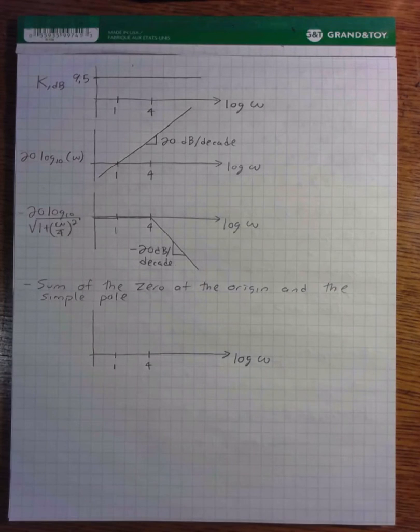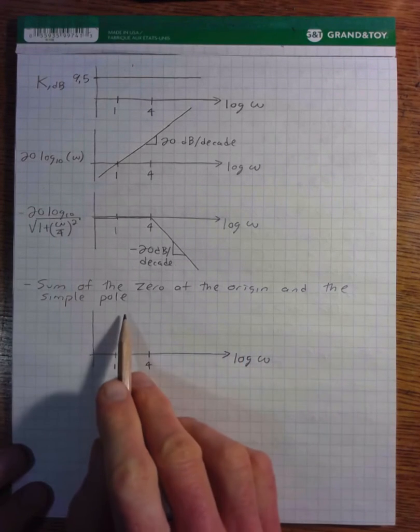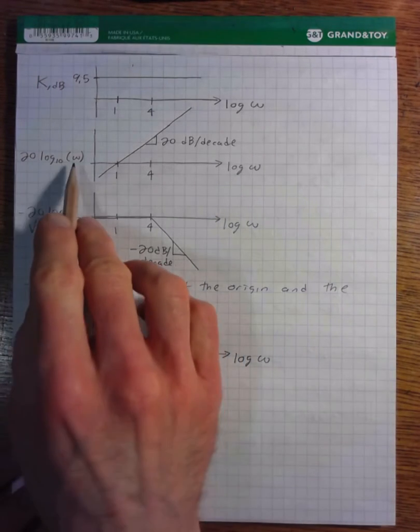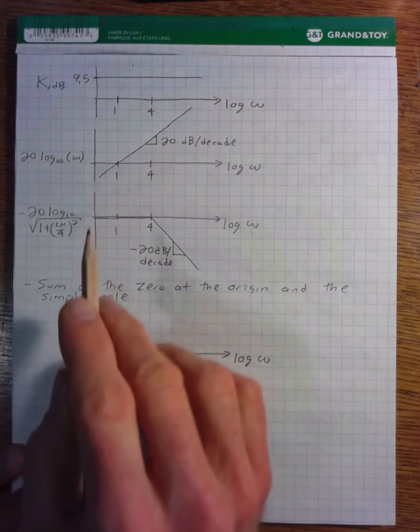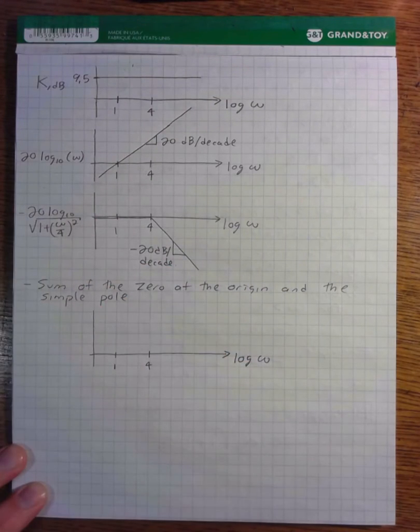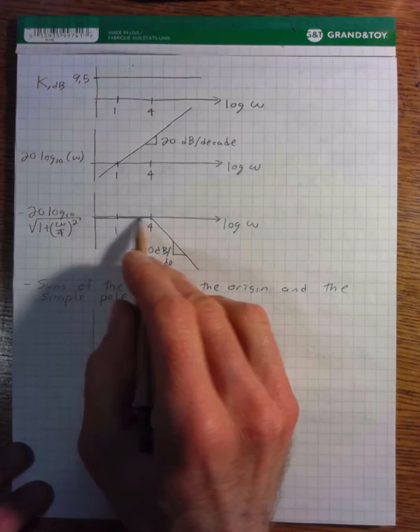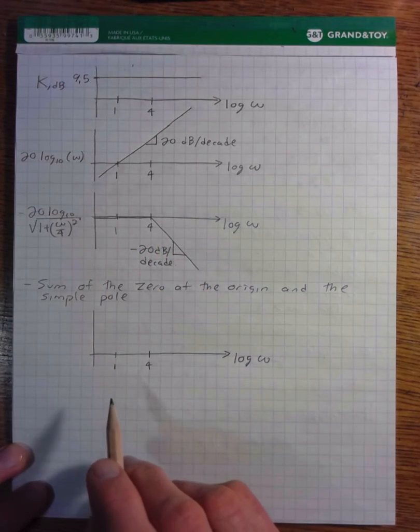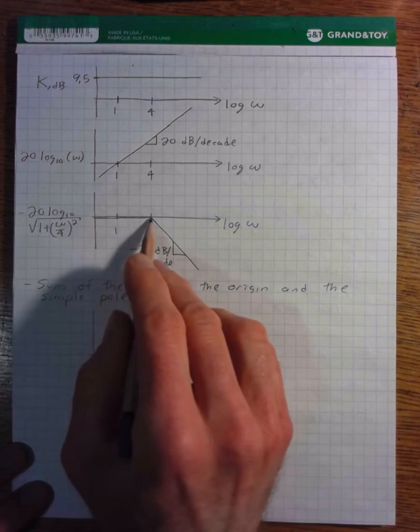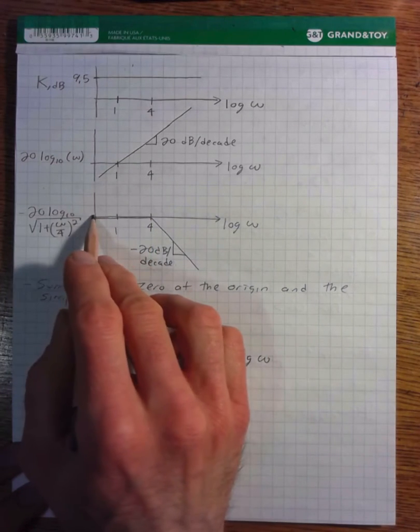Okay, so the first thing I want to do is add together the curves of our 0 at the origin with our simple pole. And let's start by looking at everything that happens below the corner frequency of 4. So below the corner frequency, our simple pole is equal to 0.